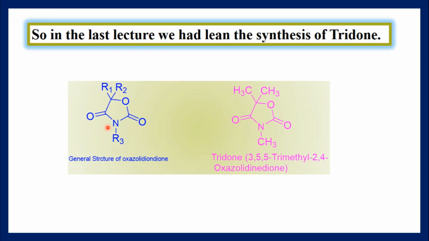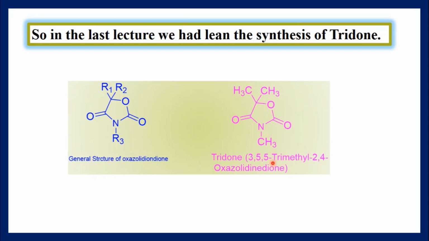It's a five-membered ring containing nitrogen and carbon as heteroatoms. This is the structure of tridone, and its IUPAC name is 3,5,5-trimethyl-2,4-oxazolidinedione.